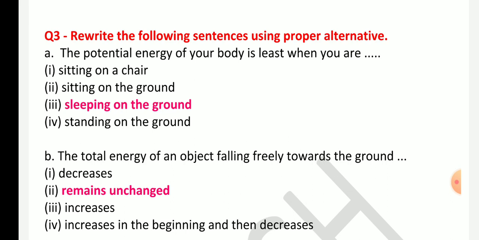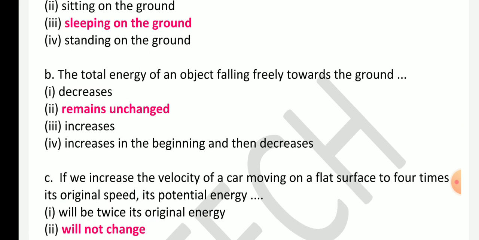It is sleeping on the ground. Next, the total energy of an object falling freely towards the ground dash. Options are first, decreases, second, remains unchanged, third, increases, fourth, increases in the beginning and then decreases. Absolutely correct, children. The answer is remains unchanged.